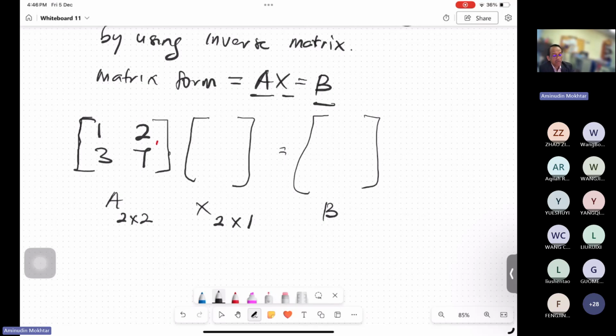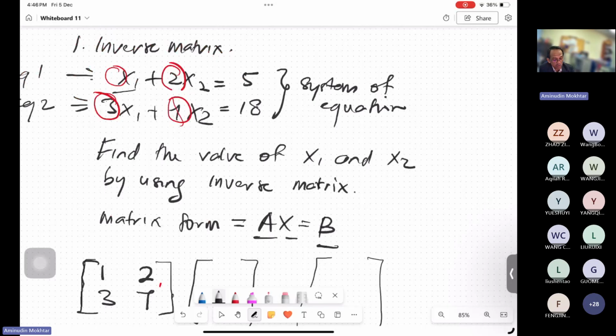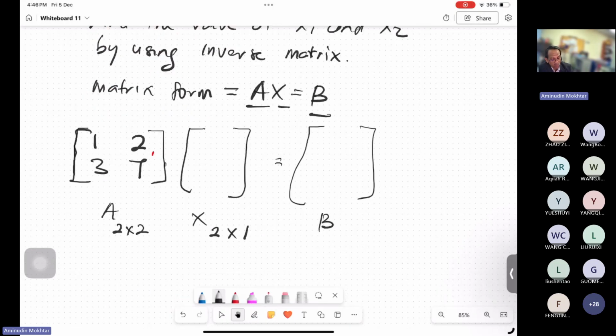In this case, we only have x1 and x2 in both the first and second equations. So the first one is x1, the second one is x2. That is the matrix X.